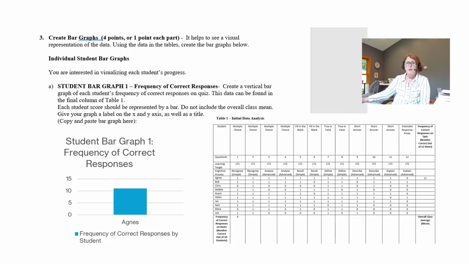So I've done the bar graph here for you, and this is how I need to see it. So you could use as a title, Student Bar Graph 1. That'll help me connect it to which one it is, frequency of correct responses. And you can see she got 11 right. And so you can simply put the students across the bottom with their names and how many they got right, and that's bar graph 1.